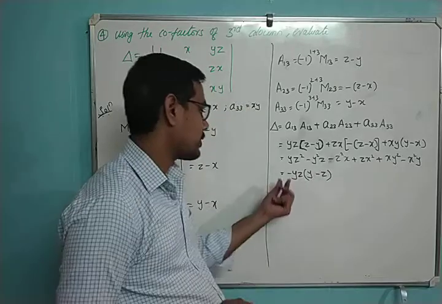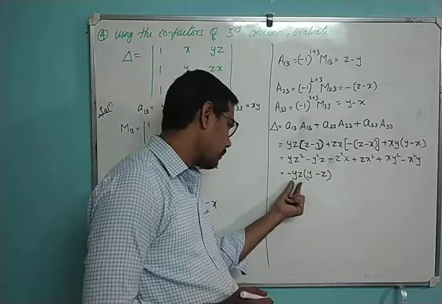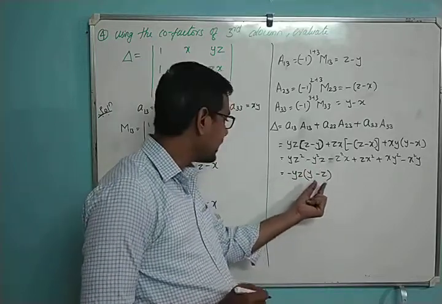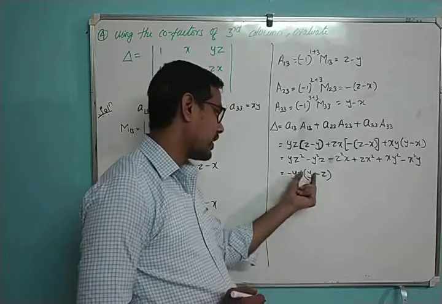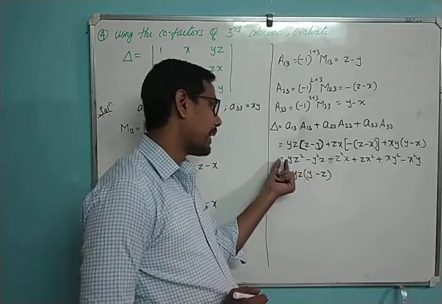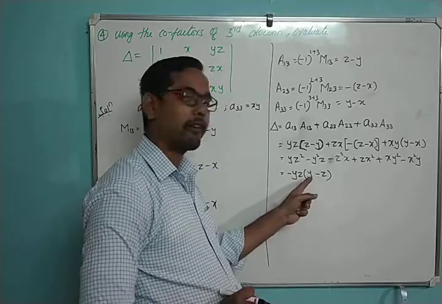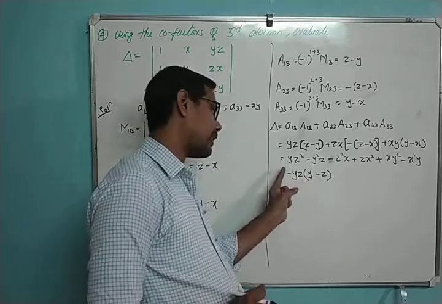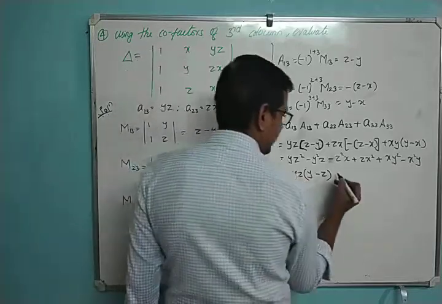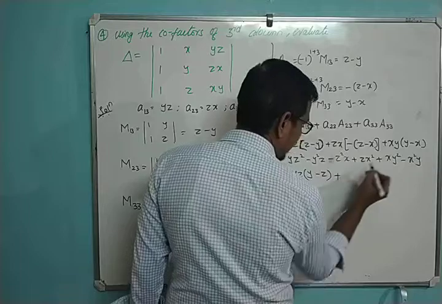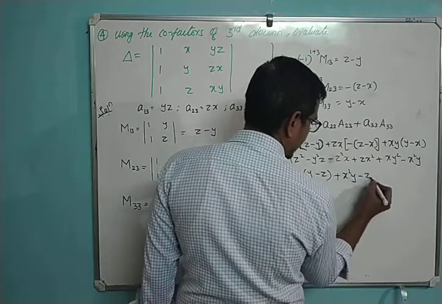Minus Z. So you can see minus YZ into Y, minus Y square Z, minus YZ into minus Z, so plus YZ square. You will get back the same thing. I have taken YZ common. If I take YZ common, what will be there? Z minus Y, right? If I take YZ common, it will be Z minus Y. I have taken minus YZ common, so it is Y minus Z. That's it, right? Then plus X square Y minus Z square X.